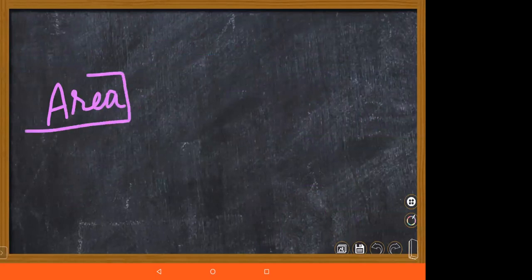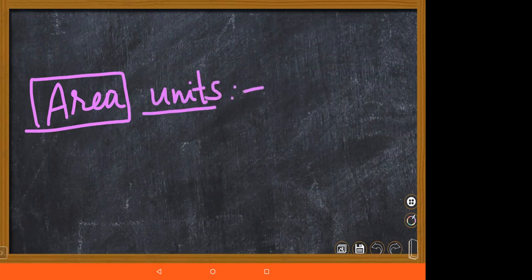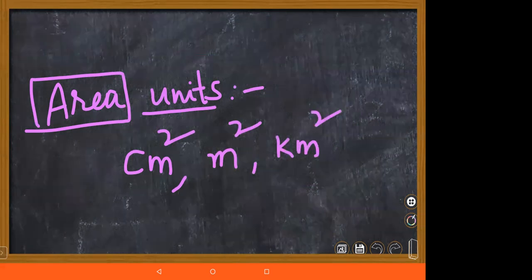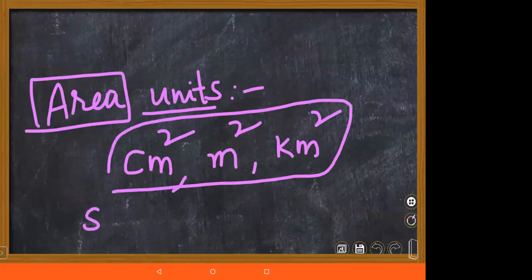So that's why I'm writing a little bigger too. Whenever you are finding area, you always write units. If measures are given in centimeters, you write centimeter square, or meters means meter square, or kilometers means kilometer square. Whatever units are given, you have to make them square.